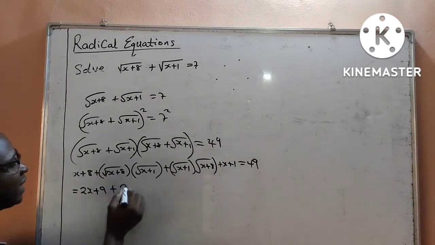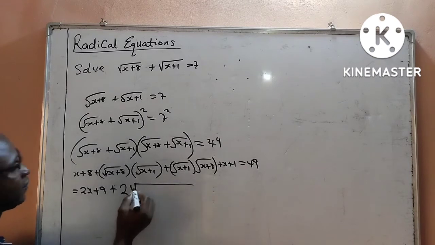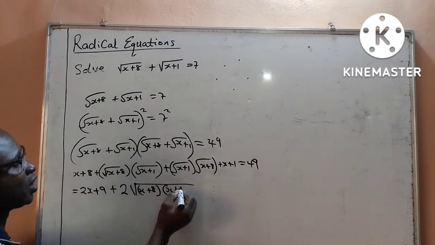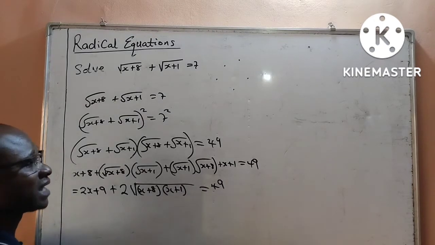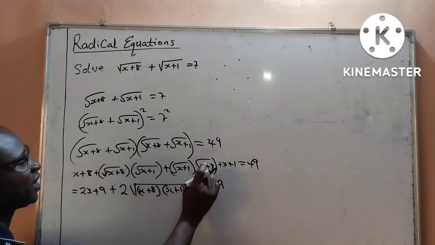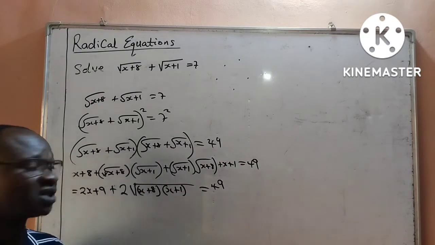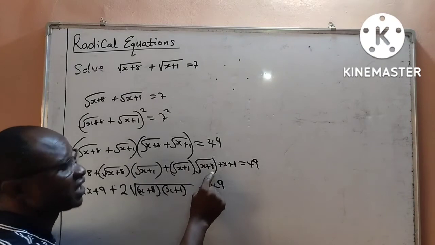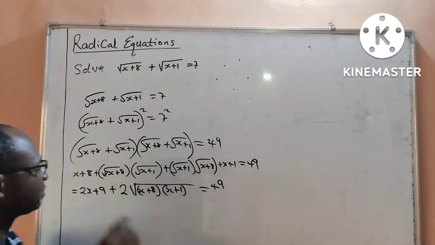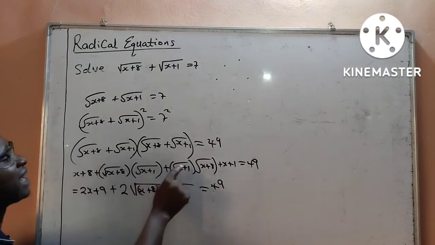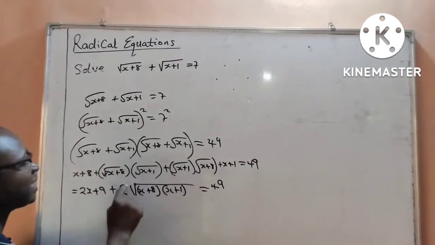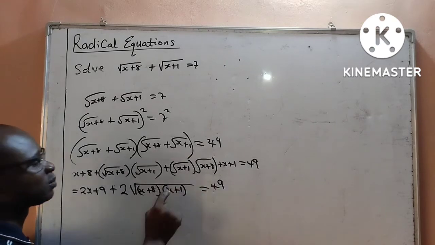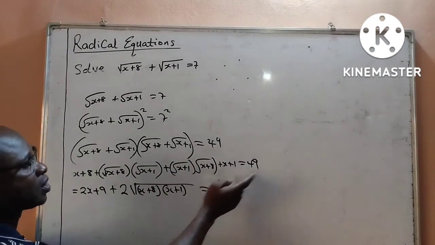I can now write 2√((x+8)(x+1)). What I have done now is that I have rearranged what I have here to be in a very concise form. Since exactly what I have here is what I have here, there are 2 of them. Now, all of them appeared under square roots, so I am using one square root to hold it, and the same x+8 is still multiplying x+1, equal to 49.